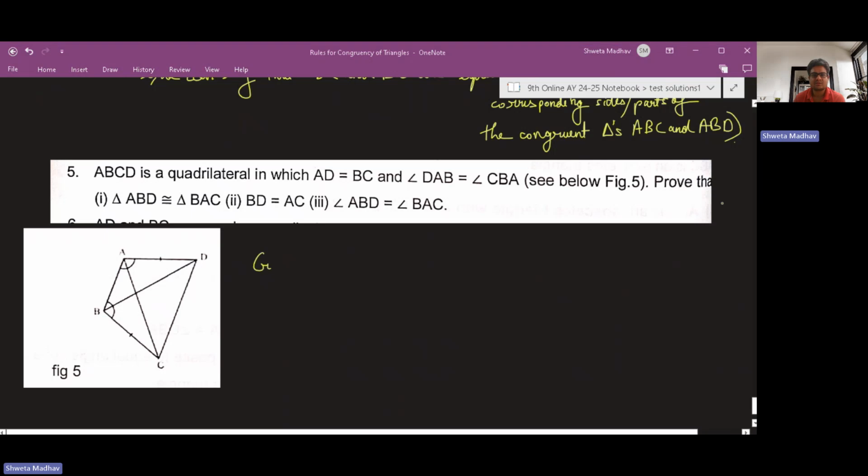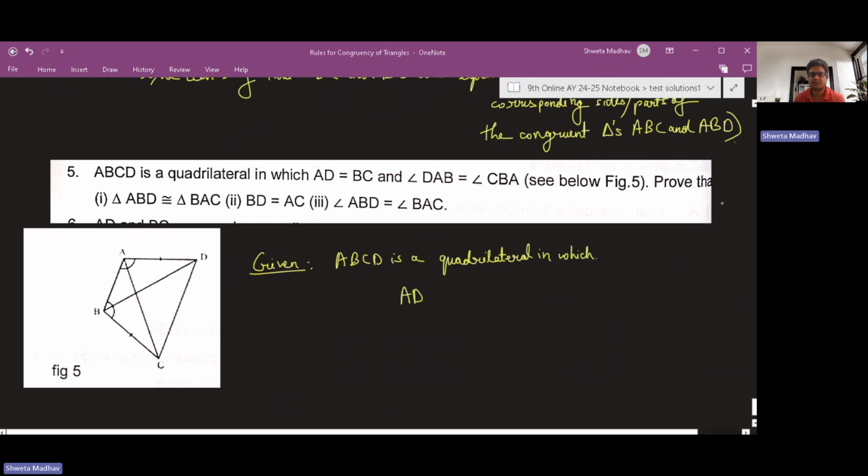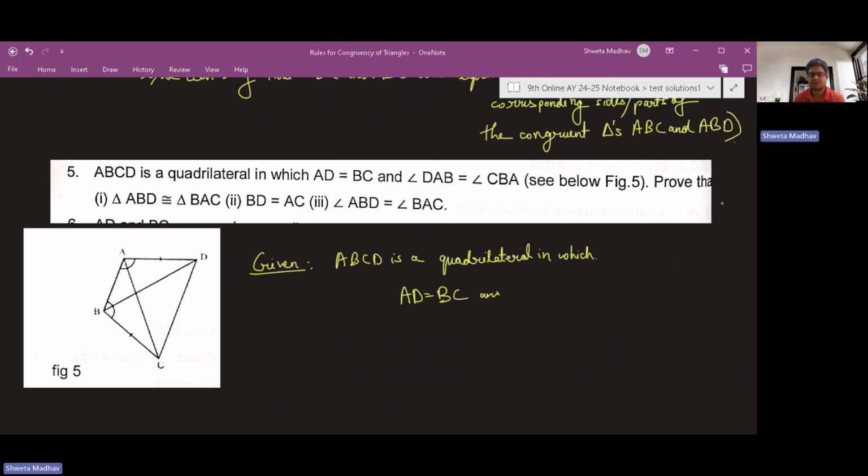Okay, so we first have to write what is given. Given is ABCD is a quadrilateral in which AD equals BC and angle DAB equals angle CBA.